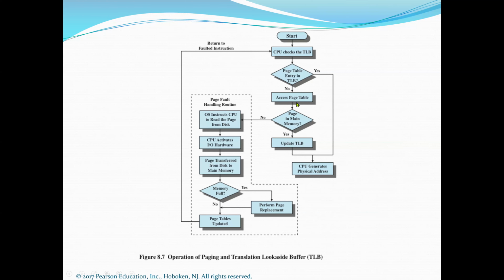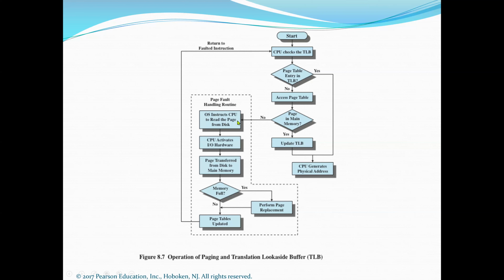Is the page in main memory? If no, then the operating system will instruct the CPU to read the page from disk. But if yes, then we update the TLB and continue. The CPU generates the physical address and continues.